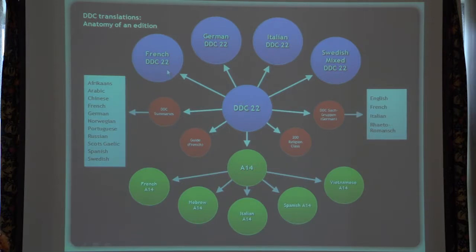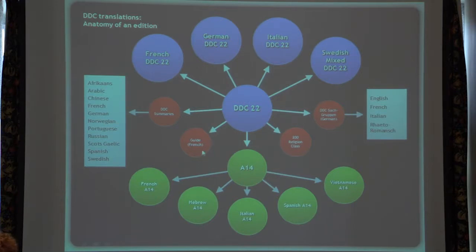And then there were 4 translations of the full edition, this DDC 22, French, German, Italian, and Swedish. There were 5 translations of the abridged edition, French, Hebrew, Italian, Spanish, and Vietnamese. The religion separate came out the year after, 2004. The summaries, those top levels of the DDC, then were exposed in 11 additional languages, the ones that we have here. But some other things happened to the data.